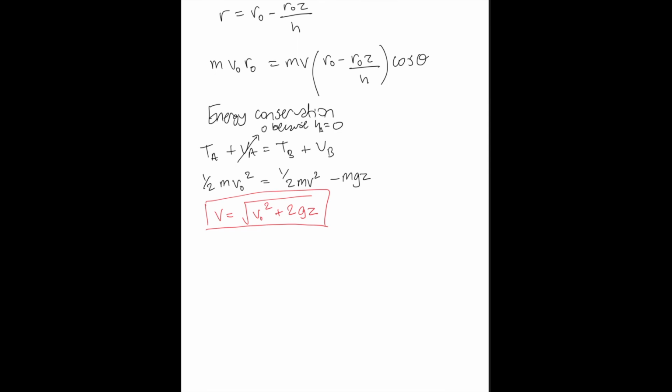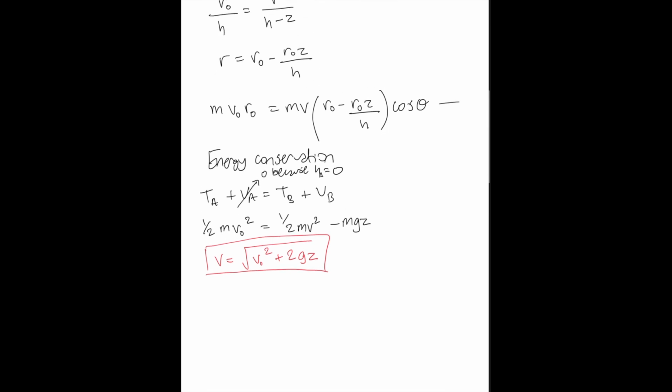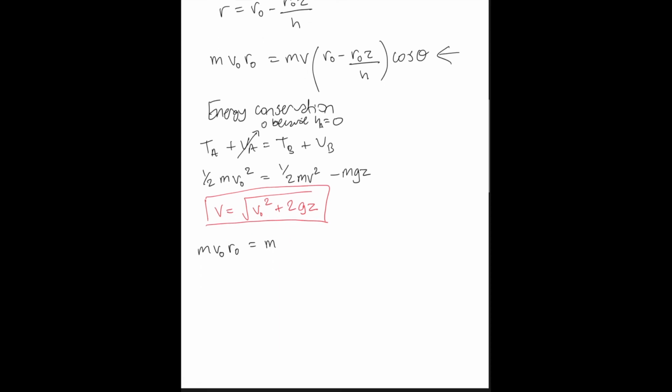Now, if we plug that in to our equation here, we get mv naught R naught is equal to m multiplied by v, which is now the square root of v naught squared plus 2gz, multiplied by R naught times (1 minus z over h) cosine theta.